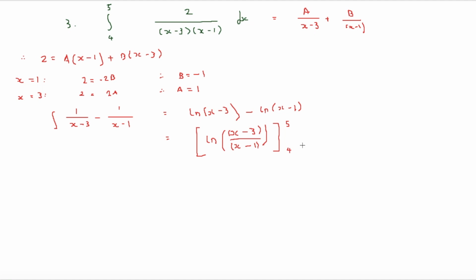So that means that we're going to put those in, and that will leave us with ln of a half minus ln of a third. That would be the same as ln of a half divided by ln of a third, which is equal to ln of 3 over 2. And there we are. That is our final answer.